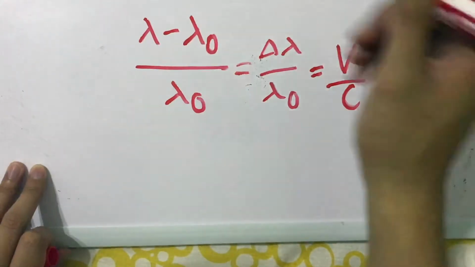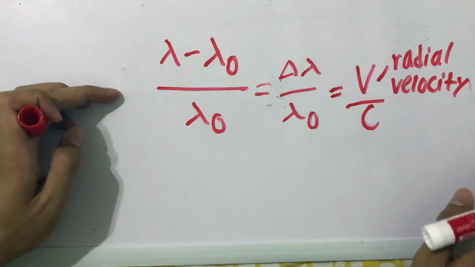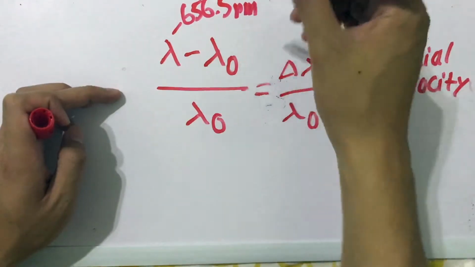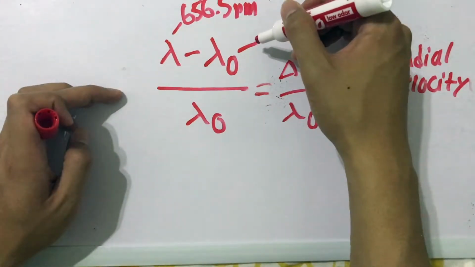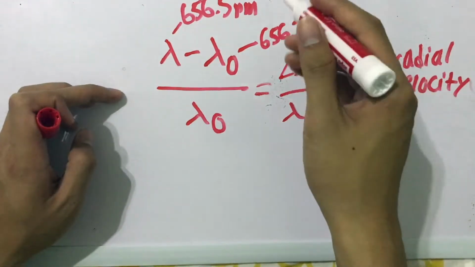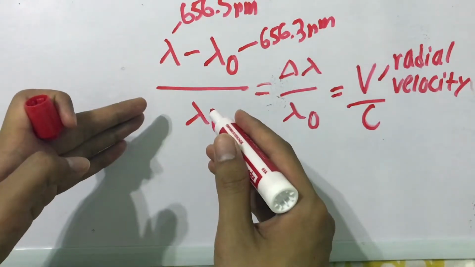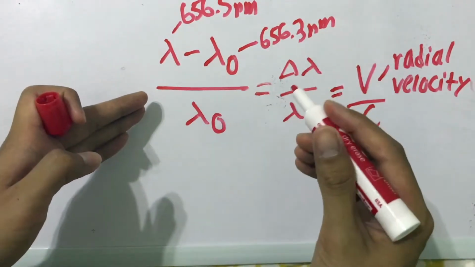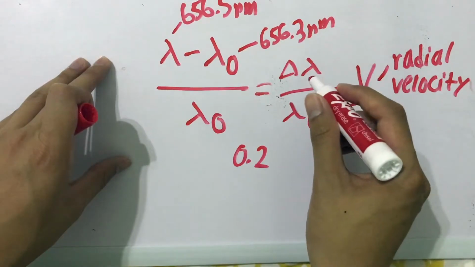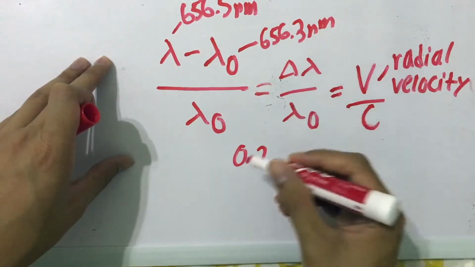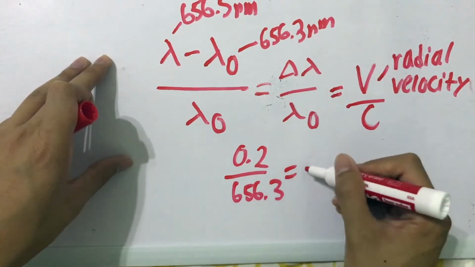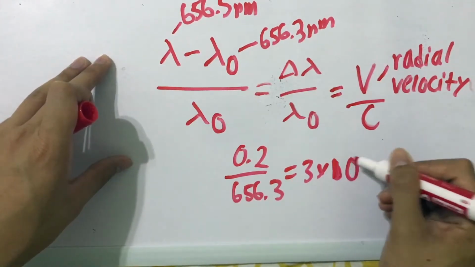So if we find the final wavelength, which is lambda, and suppose lambda is 656.5 nanometers, and lambda naught is 656.3 nanometers, and if we subtract and divide by lambda naught, then we get the change in wavelength of around 0.2, and the change in lambda over lambda naught is 0.2 over 656.3, and that's equivalent to 3 times 10 to the negative 4th power.